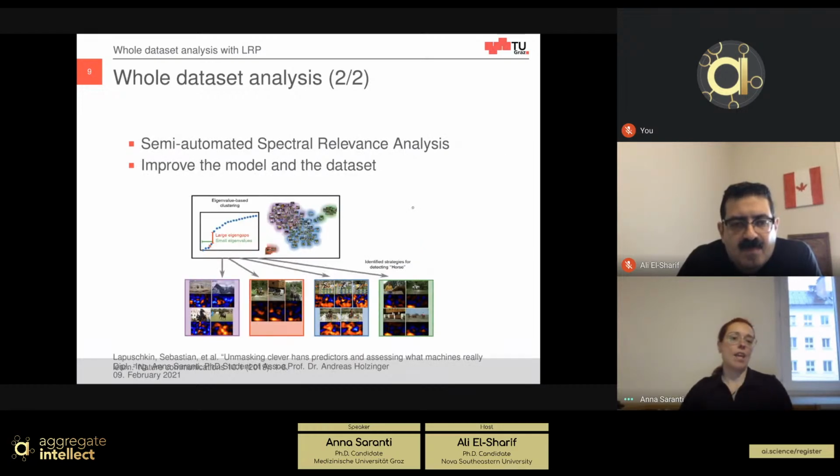And they decided to invent a method where one doesn't have to look at all the images. One only has to take the heat maps of a particular class and compute the eigenvalue spectrum. They also used t-SNE.